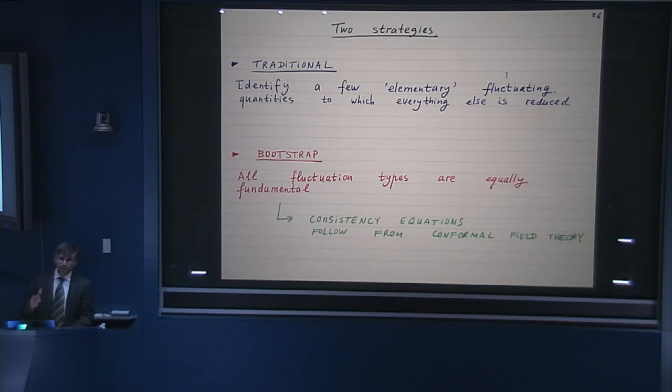And so then we proposed this bootstrap scheme, which treats all fluctuations on an equal footing as equally fundamental. And you try to write down consistency equations that will just tell you that one fluctuation type cannot exist without another fluctuation type. And these equations follow from conformal field theory.